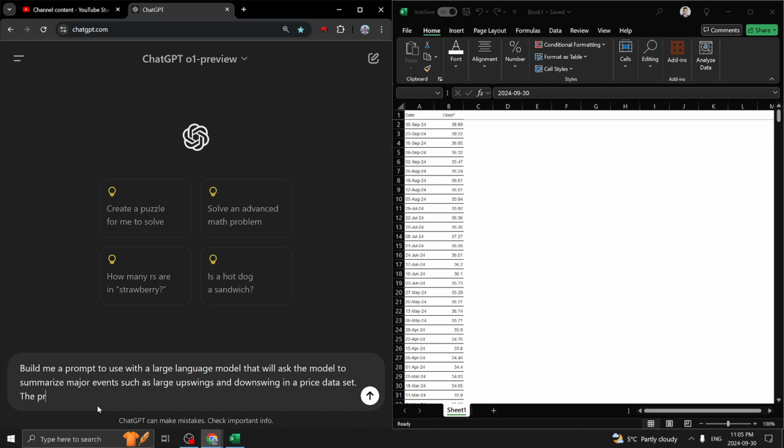The price data set is the closing prices for an emerging market index.